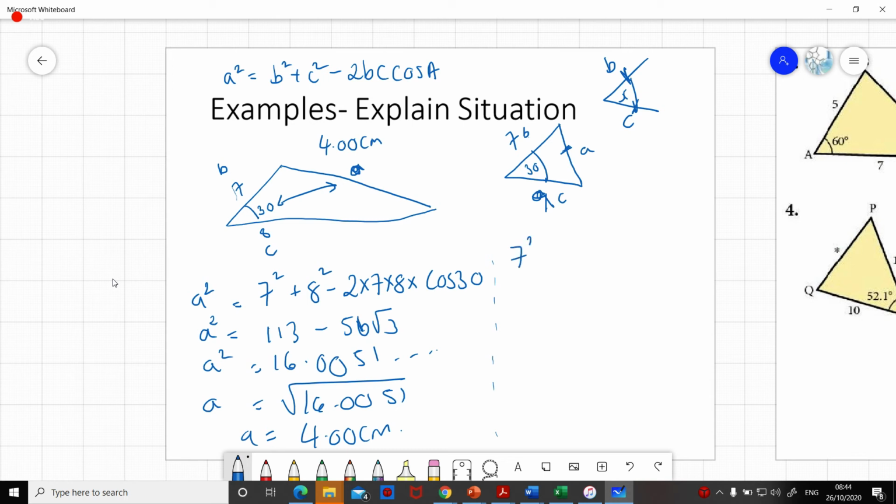So again, this is my b and c. It will be 7 squared plus 8 squared.